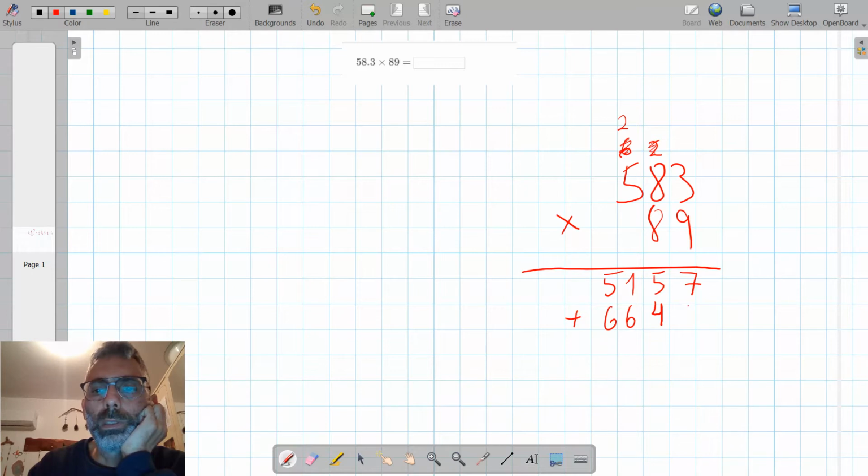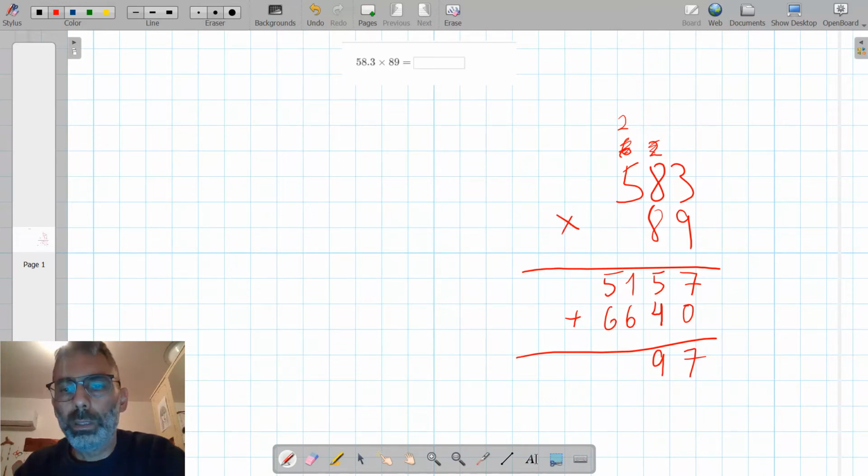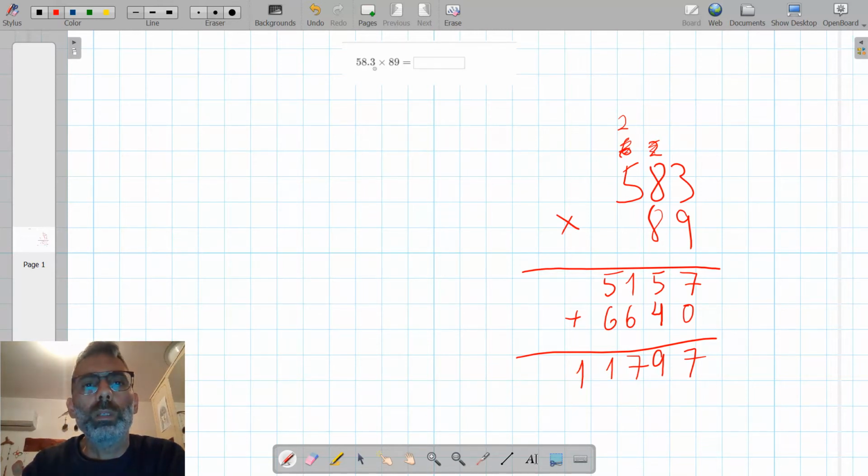8 times 8 is 64, plus 2 is 66. Now I add 7, 5 plus 4 is 9, 1 plus 6 is 7, 5 plus 6 is 11. Now I have one digit to the right of the decimal point, so I need to shift the decimal point one place to the left.